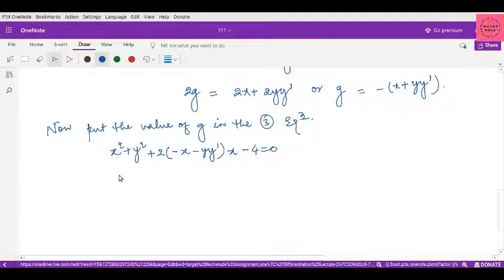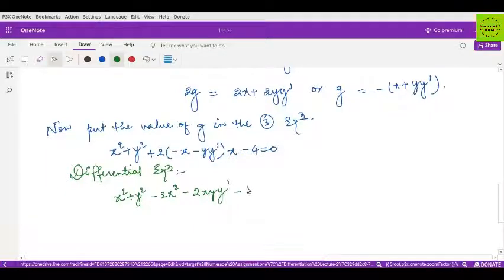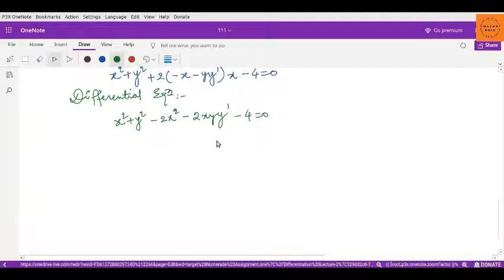And we have the differential equation, that is x square plus y square minus 2x square minus 2xy y dash minus 4 equals 0.